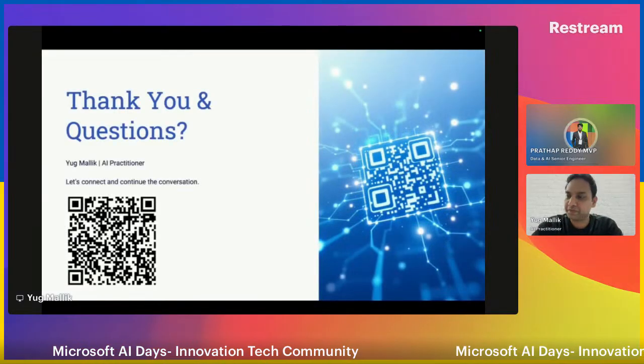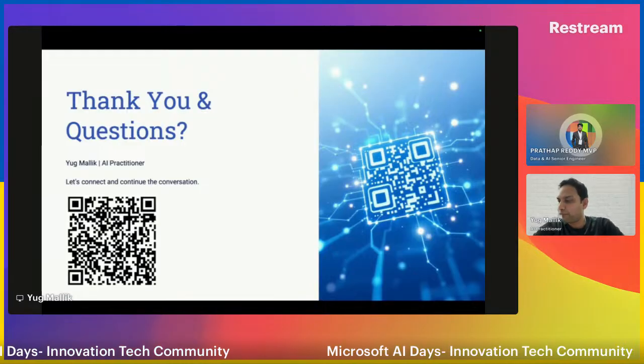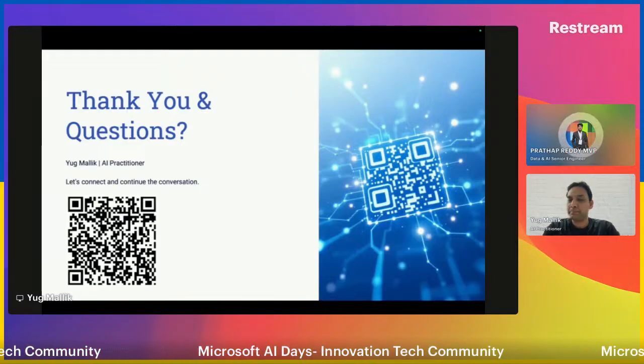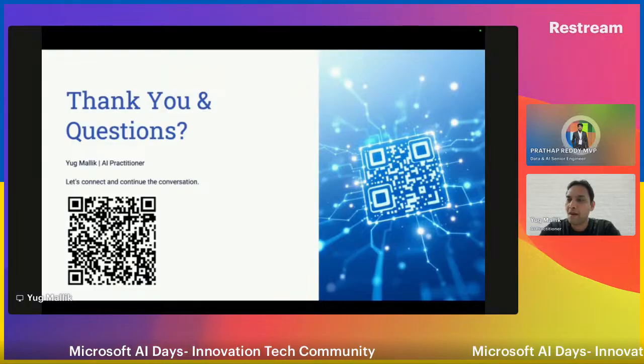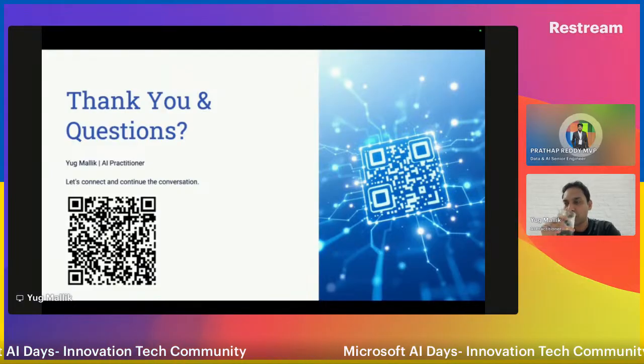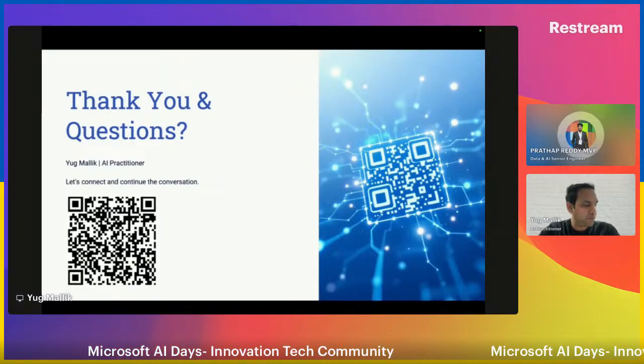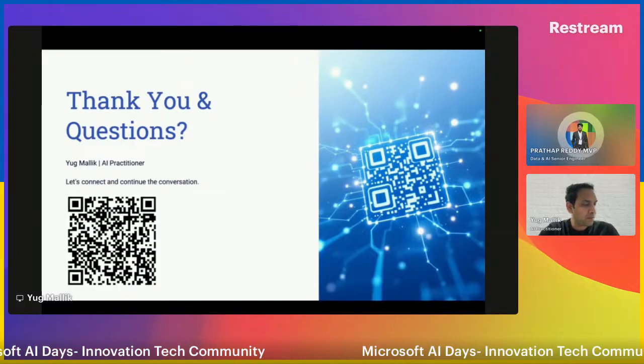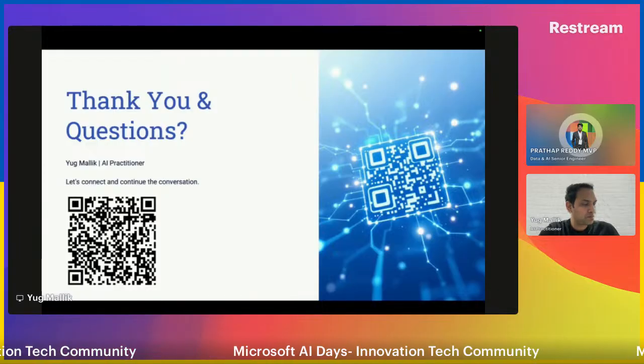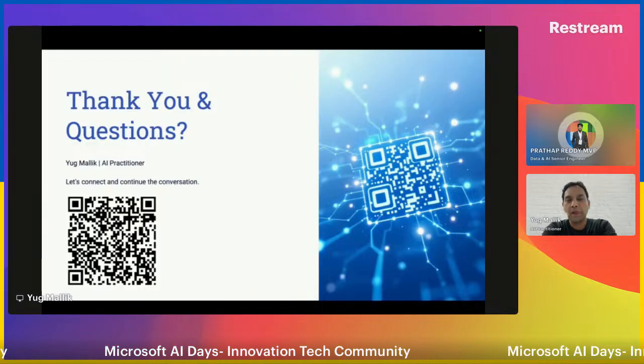Pratap, over to you. Yeah, as you mentioned, DALL-E is going to retire next month, before the 15th. So as you're aware, every LLM company is now providing image generation models.